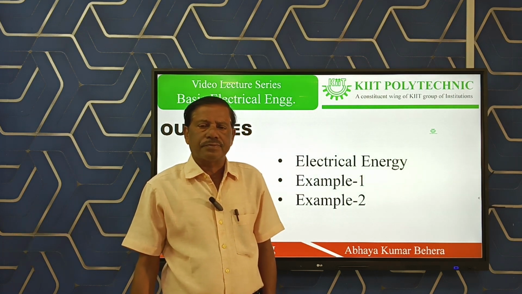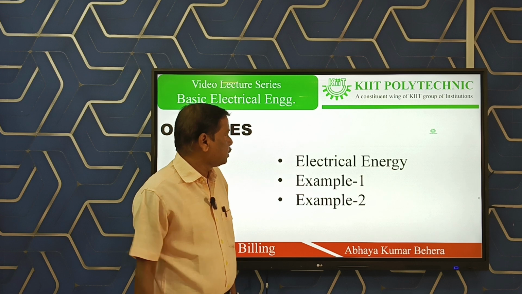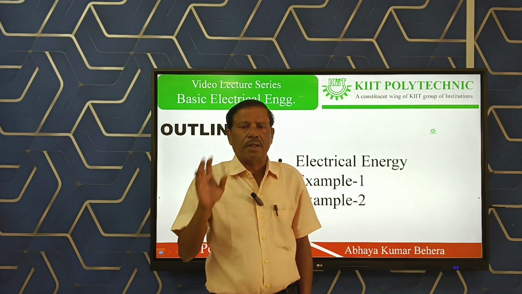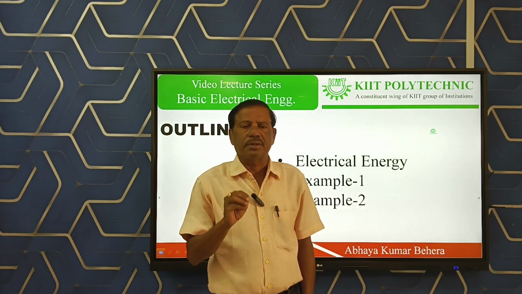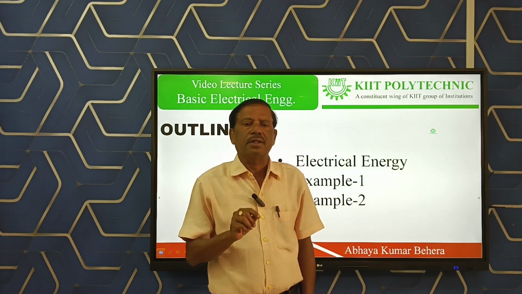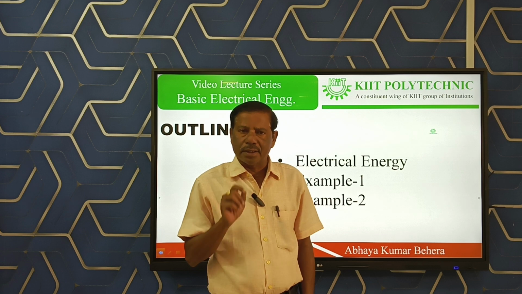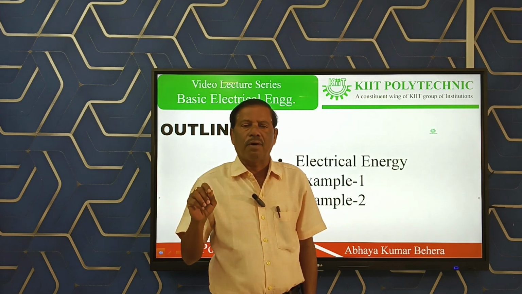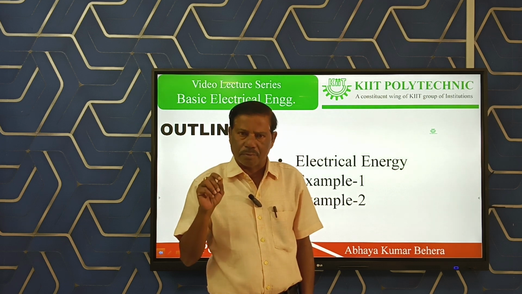So today we will see that in your house you have seen a meter, which is called the energy meter. In that energy meter we see how many units of power we have consumed in a particular month.